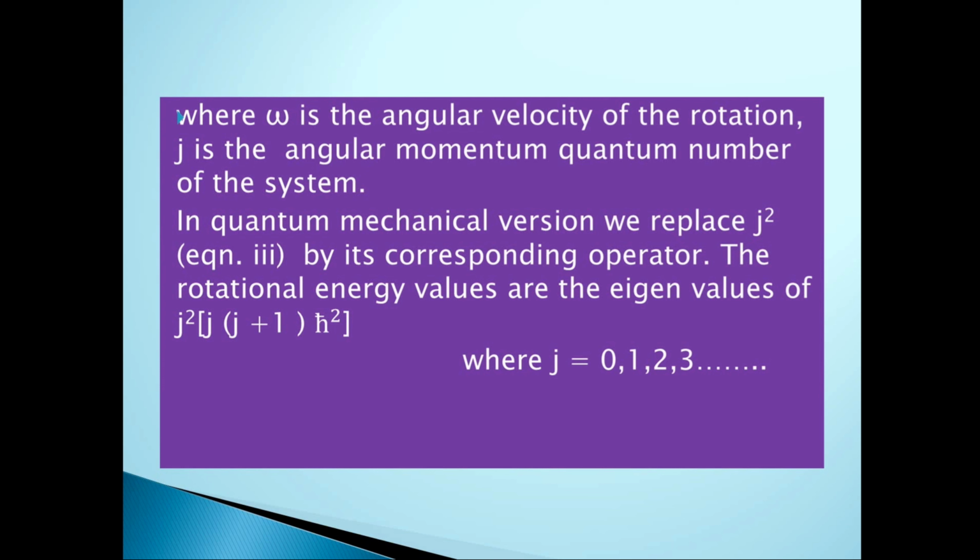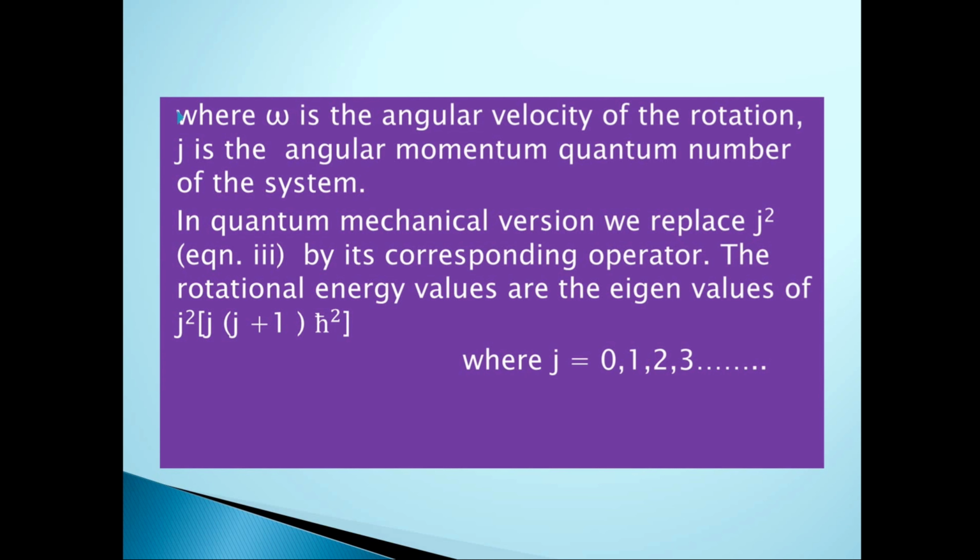That is, this J square has an operator. The operator operates upon the equation, that is the eigenvalue equation, the wave equation I mean, and whatever eigenvalue is there will help us find out the value of J. The rotational energy values are the eigenvalues of J into J plus 1 under bracket H cross square.